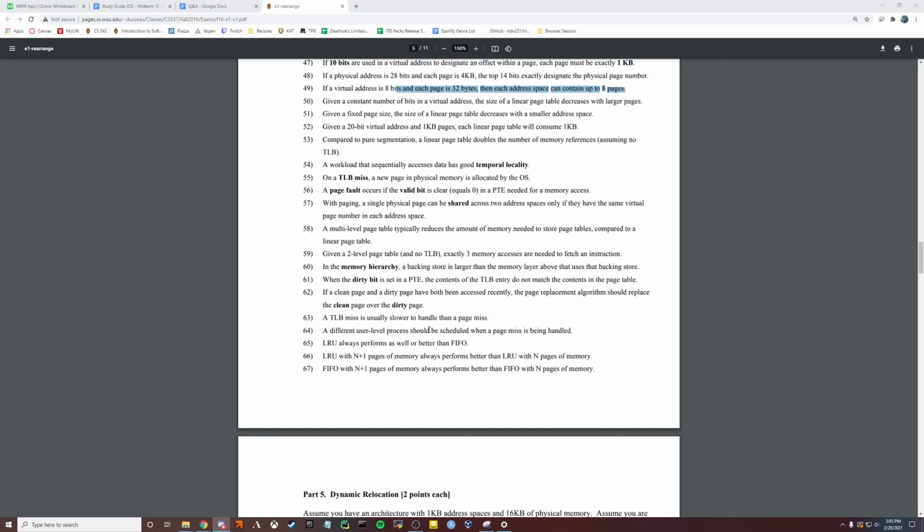That gives us the bits required for a virtual page number. So it'd be 2 to the 3rd, which is 8. So 8 pages, so true.